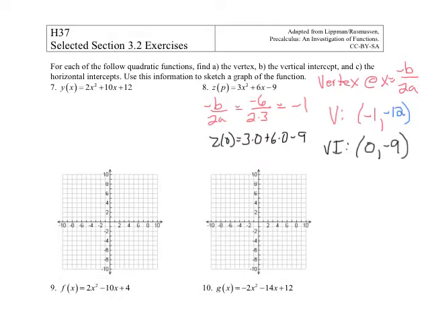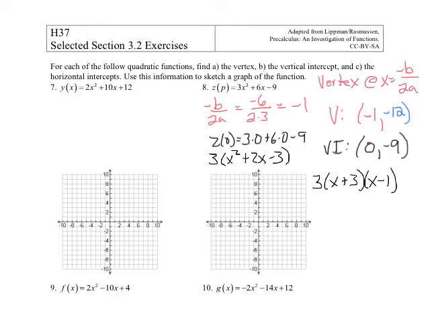And horizontal intercepts are found by factoring our quadratic and applying the zero product property. So if I factor the quadratic, I notice that I can pull a 3 out. I'll get x squared plus 2x minus 3. And then if I factor that even further, I'm going to get 3 times x plus 3 times x minus 1.